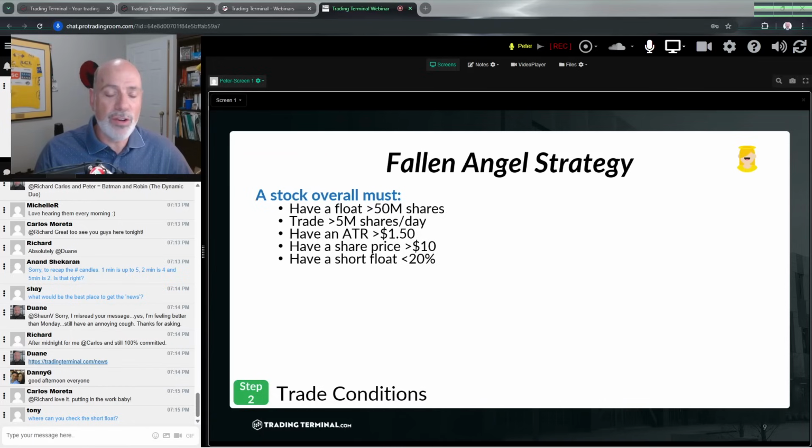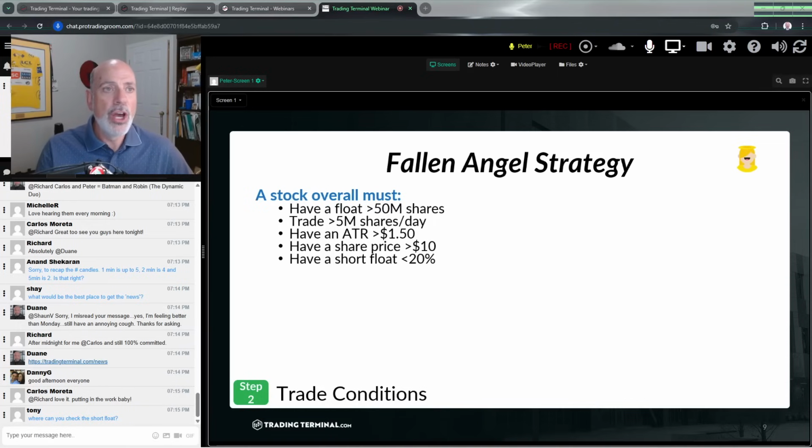And unless they're severely overpowered by the stock movement, they're going to try and push it down, right? Especially if there's a lot of deep pockets who are trying to make it move that way. So if I'm looking for a fallen angel strategy, I do not want to see a big short float just because it introduces risk. While it could support my trade, I don't like the risk parameter to it.